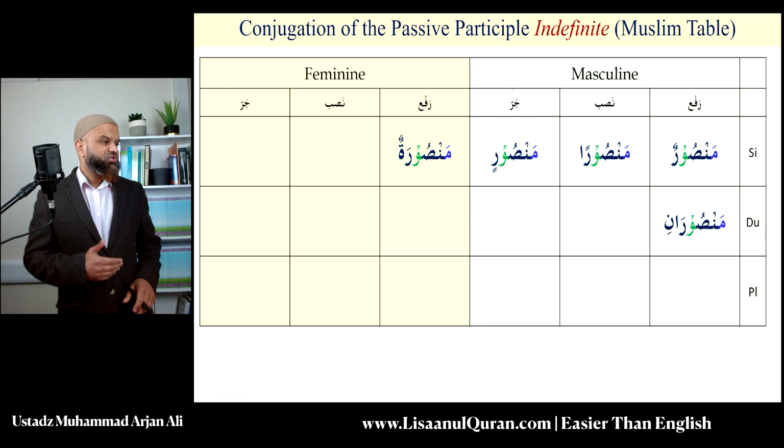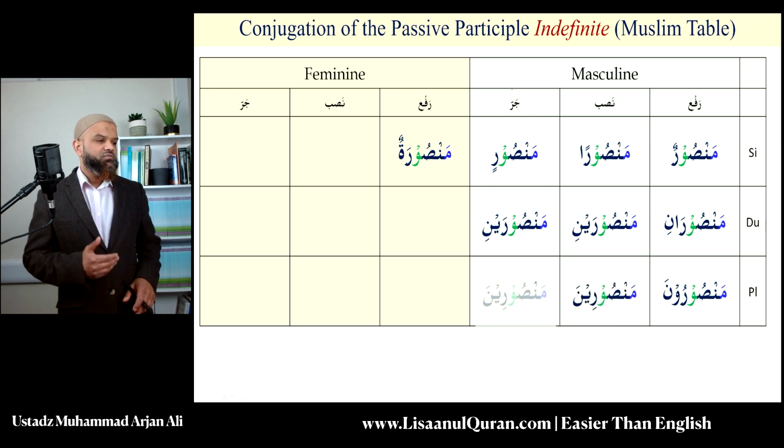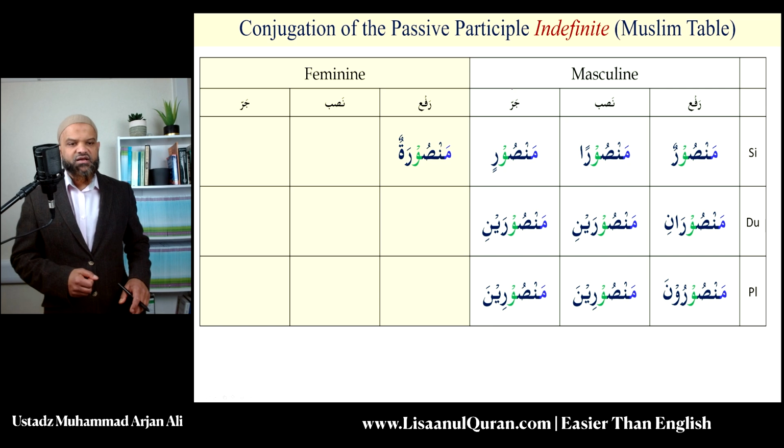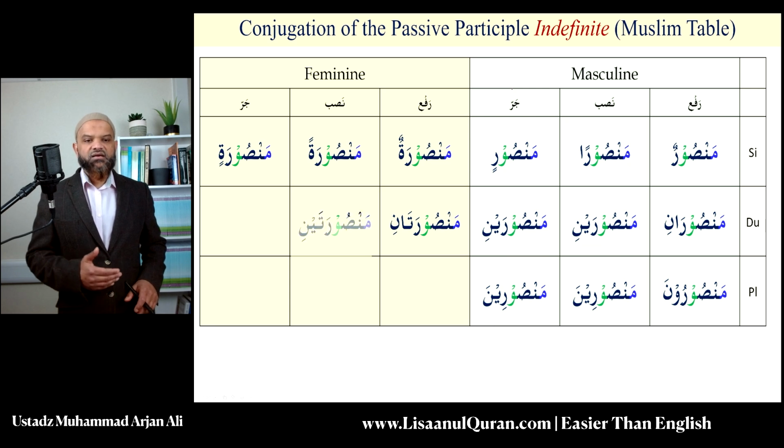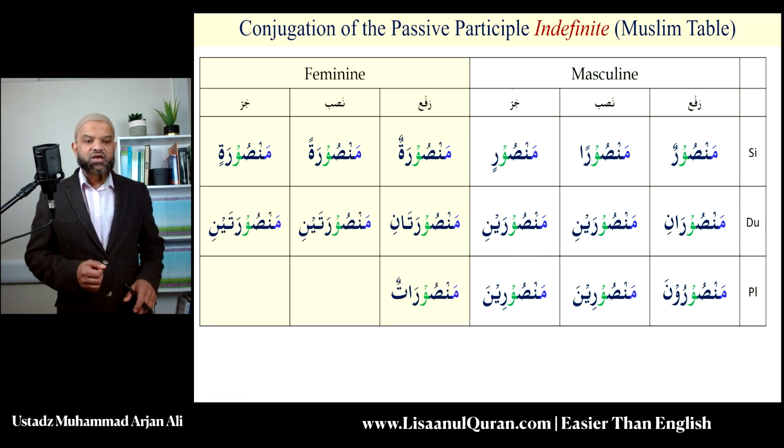And then we have mansurani, mansuraini, mansuraini. And we also have mansuruna, mansurina, mansurina. And again the feminine mansuratun, mansuratan, mansuratin. And then we have mansuratani, mansurataini, mansurataini. And again the feminine plural mansuratun, mansuratin, mansuratin.